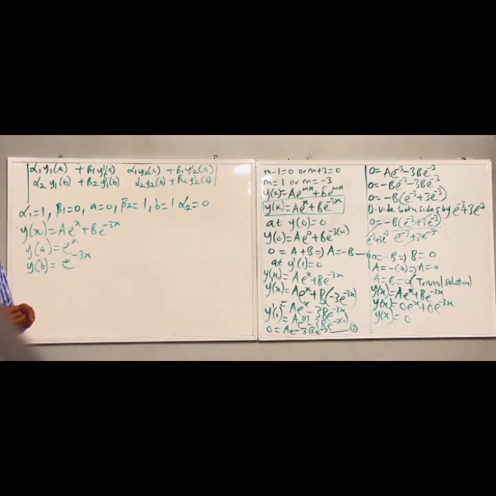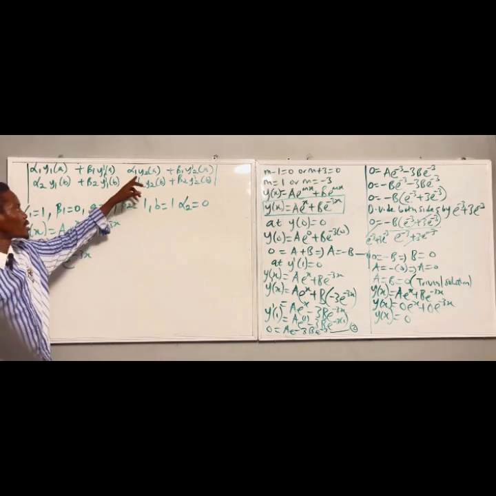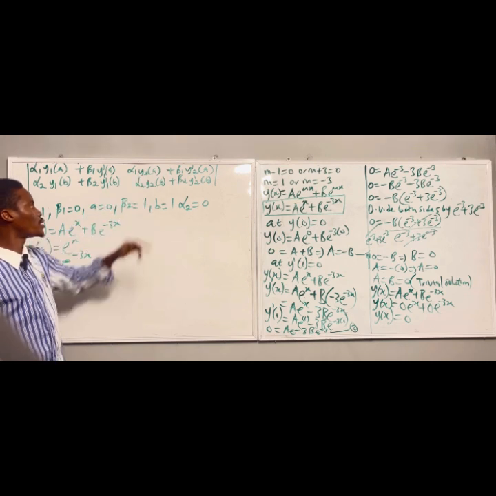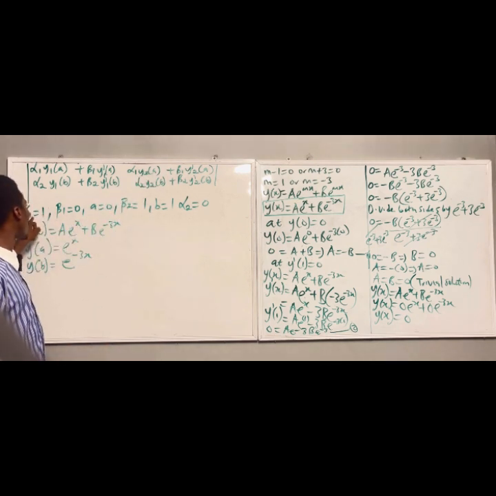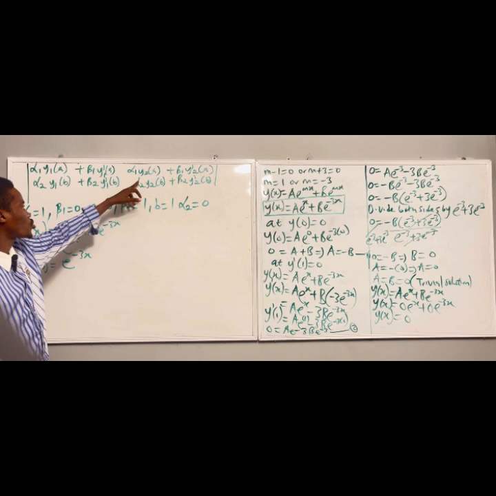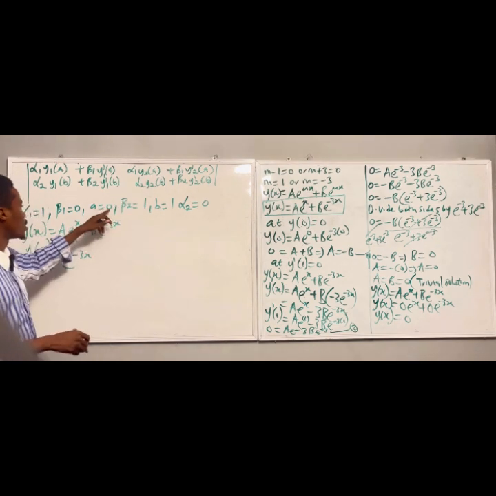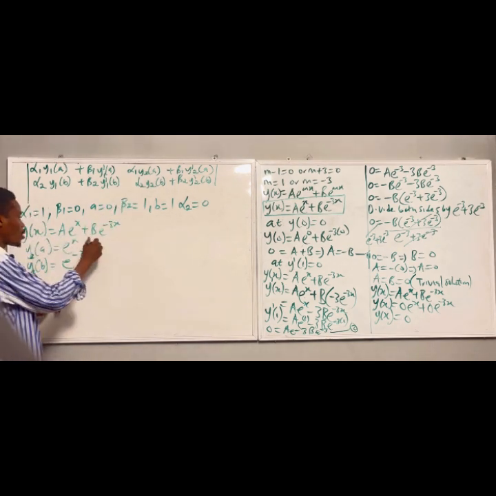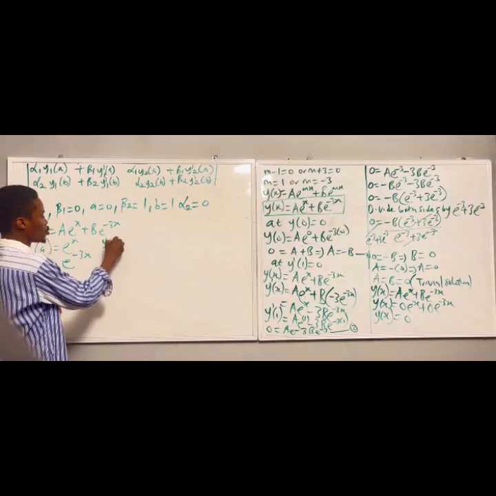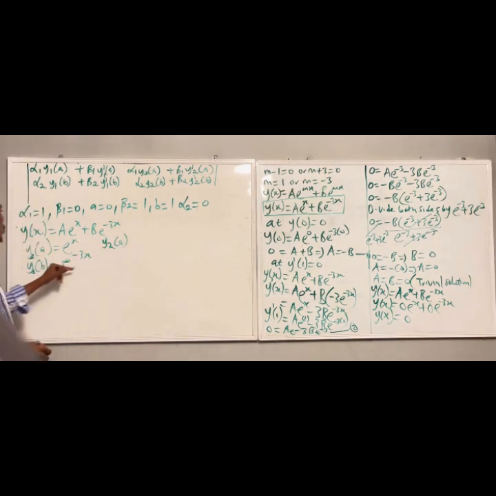So we are going to get all these things from here. So it means our alpha 1 y2 of a. Remember that our alpha 1 here is 1 already. So this is y2 of a, then this is y2 of b. Since our a is 0, I will plug in.